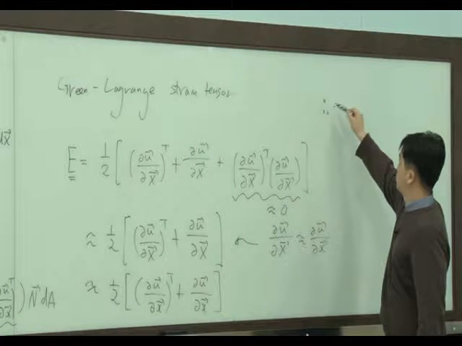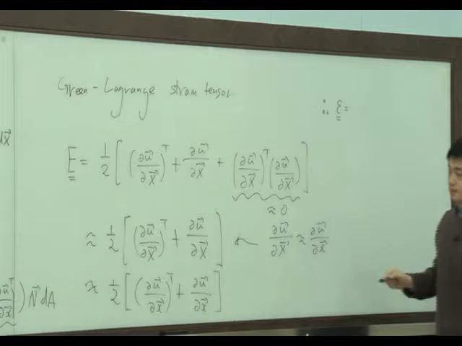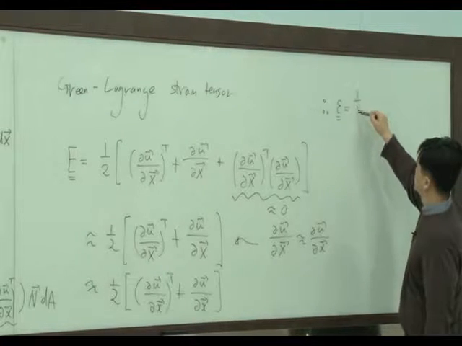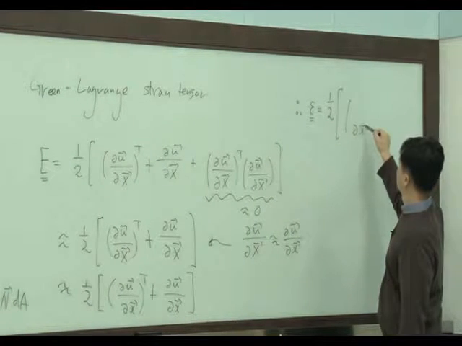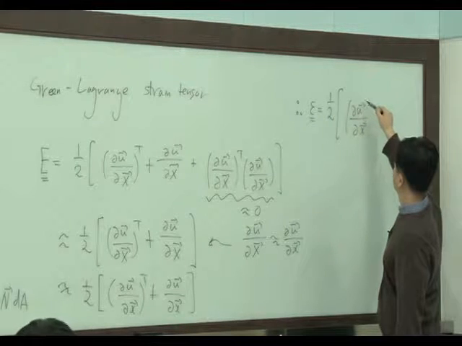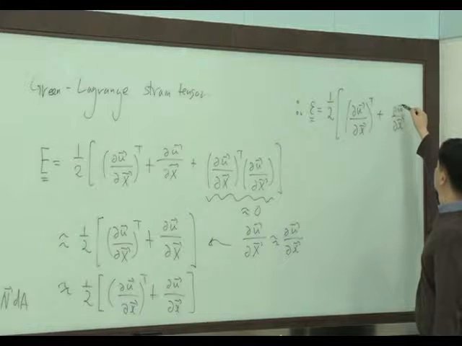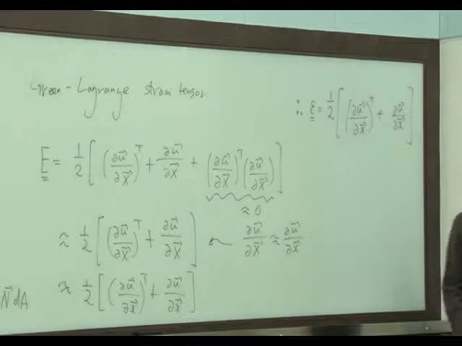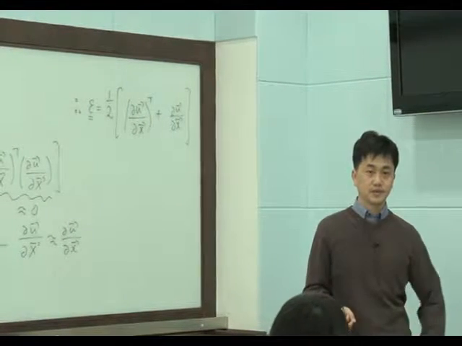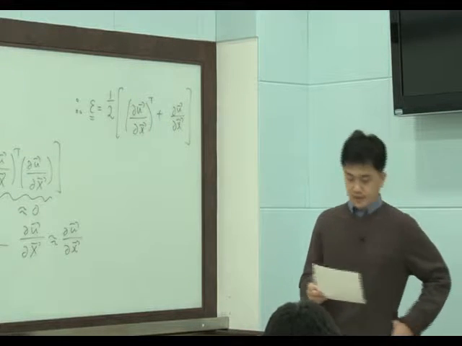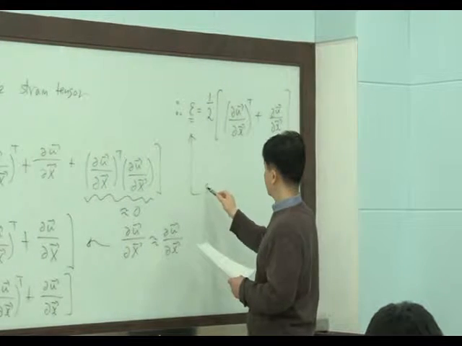The small strain E is defined by that equation, 1/2 gradient of U transpose plus gradient of U. Okay? This is the small strain measure. You know this one, right? Okay, so we are saying this is a small strain tensor.